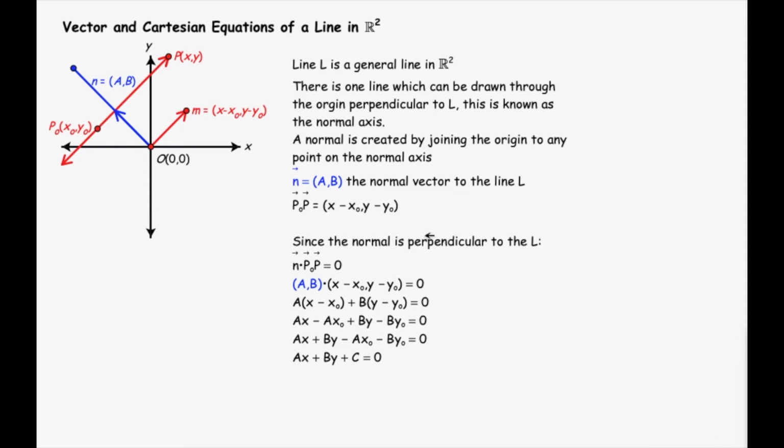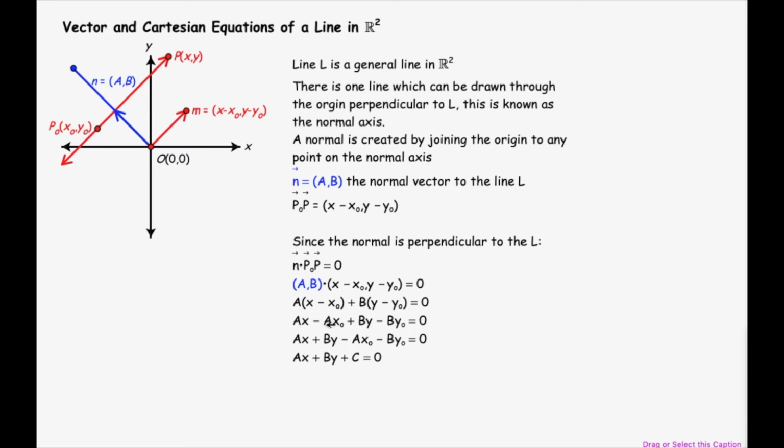And now I'm pointing out that since they're perpendicular, their dot product is 0. So a comma b dotted with x minus x naught, comma y minus y naught would be 0. And so remember how dot product works. I need to do a times in brackets x minus x naught plus b times in brackets y minus y naught needs to be 0.